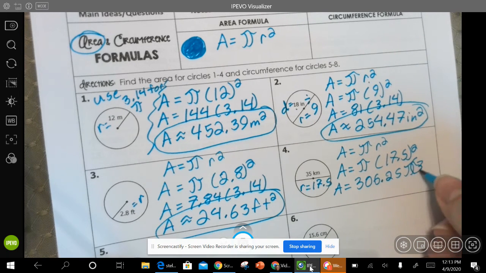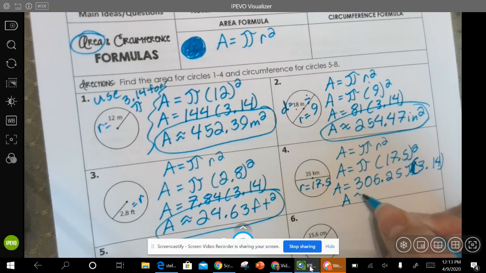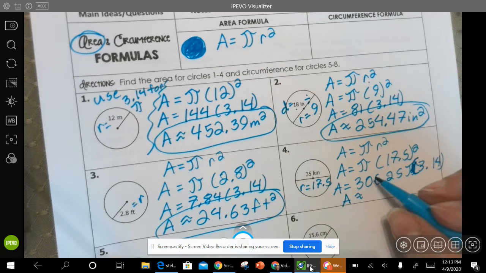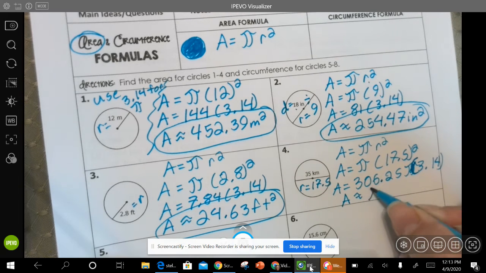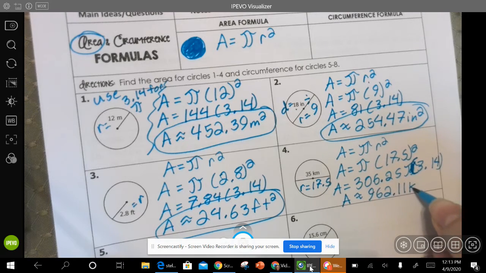We're going to substitute in our 3.14. So the area is approximately 961.625 kilometers squared.